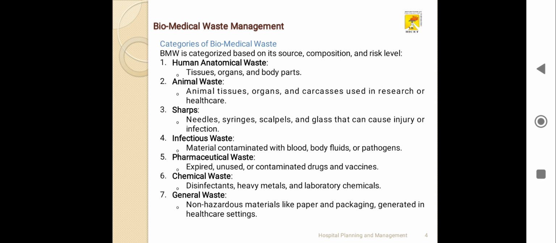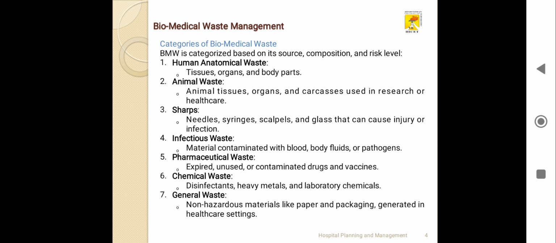The next category is sharps, like needles, syringes, scalpels, and glass that can cause injury or infections. Infectious waste includes materials contaminated with blood, like cotton, body fluids, or pathogens. Pharmacy waste is expired, unused, or contaminated drugs and vaccines.